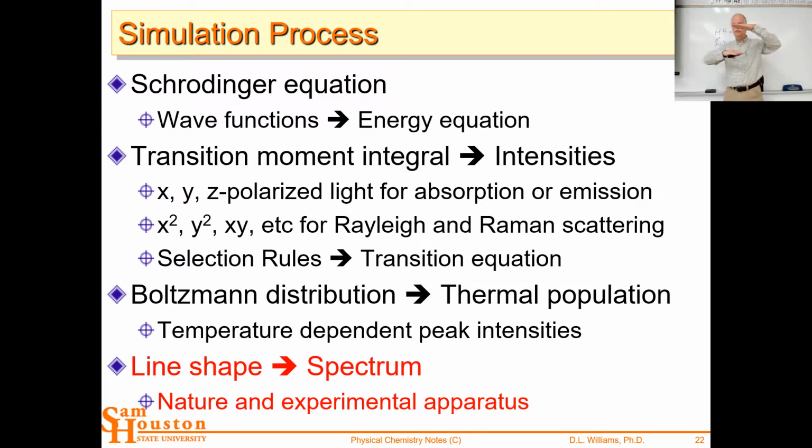So your energy levels for a molecule isolated in space are sort of perfectly separated, but if during the experiment another molecule happens to be hitting that molecule at that same time, that's going to shift the energy levels a little bit because they're going to interact with each other. So there's a lot of natural effects. There's collisional broadening, Doppler broadening. There's the uncertainty principle. So you have a lot of natural effects and then you have a lot of instrumental effects. Most of the time, the instrumental effects are larger than the natural effects.